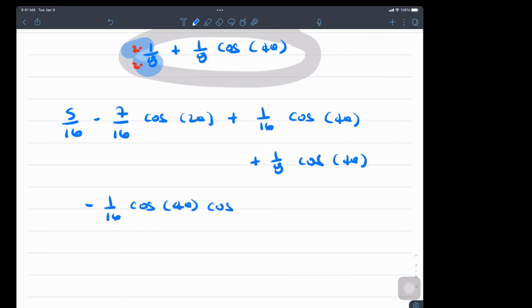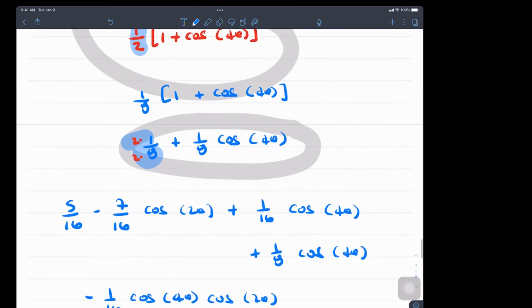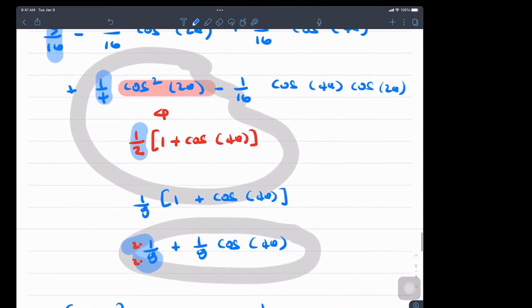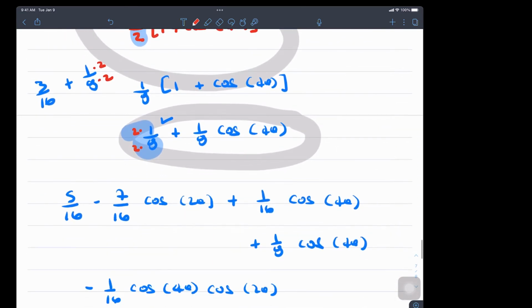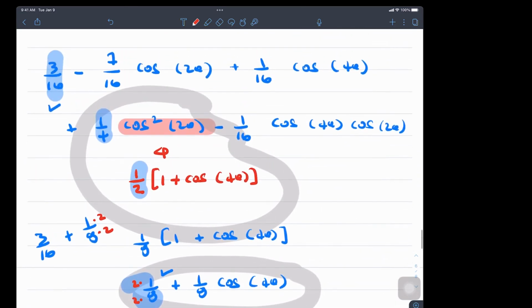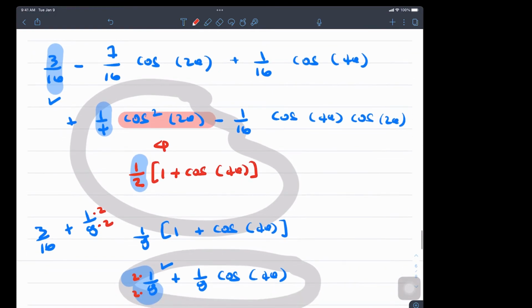Okay, you see this constant here? You see this 3/16? 3/16 plus 1/8. So you can multiply that by 2 and by 2, and that gives you the 5/16 there. So what always sticks out like a sore thumb are those constants that you have to add.